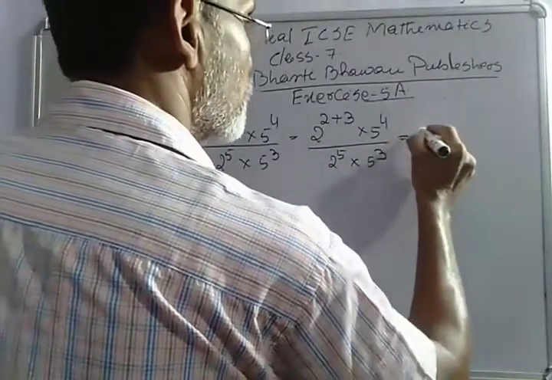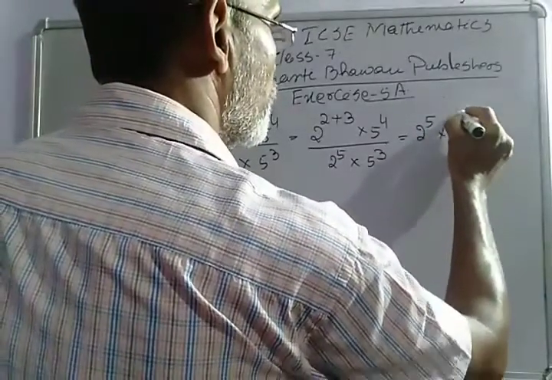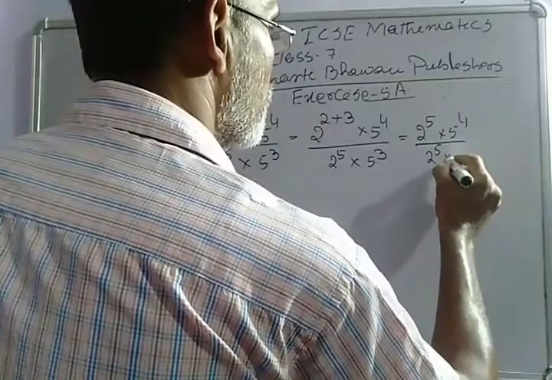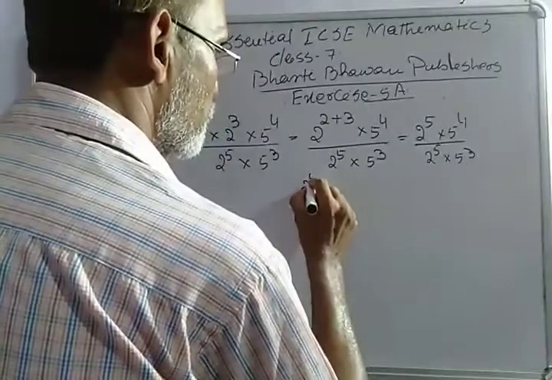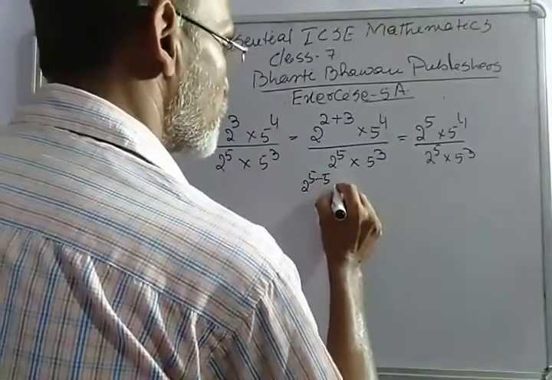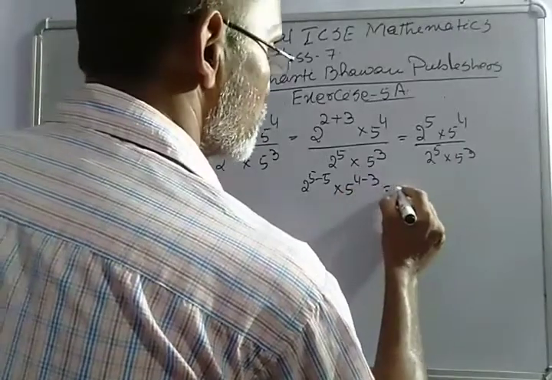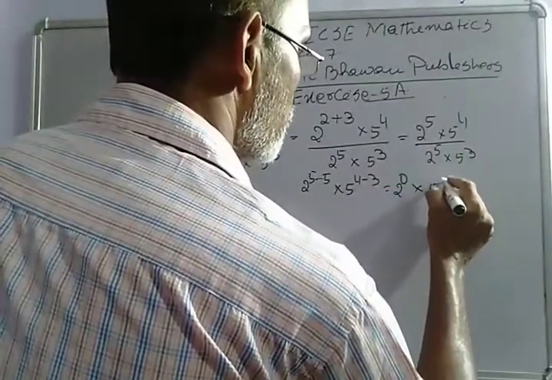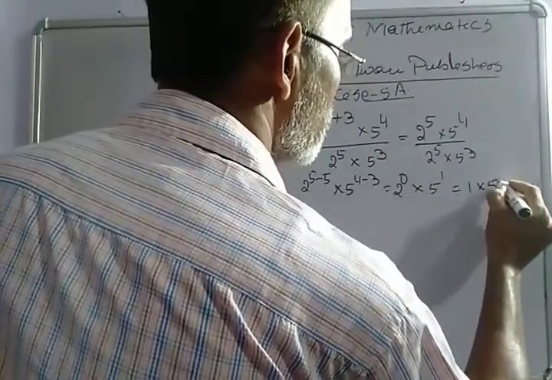So this is equal to 2 to the power 5 into 5 to the power 4 by 2 to the power 5 into 5 to the power 3. So 2 to the power 5 minus 5 into 5 to the power 4 minus 3. So this is equal to 2 to the power 0 into 5 to the power 1. So the answer is 1 into 5, which is equal to 5.